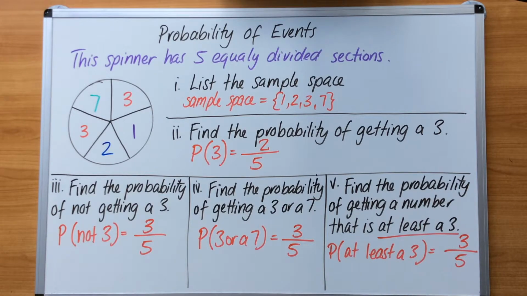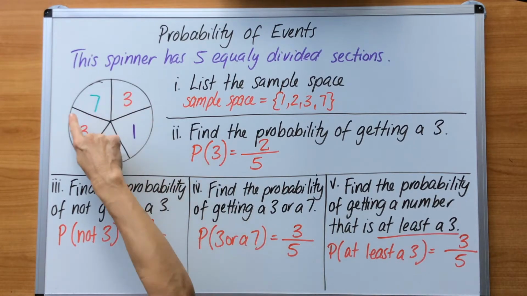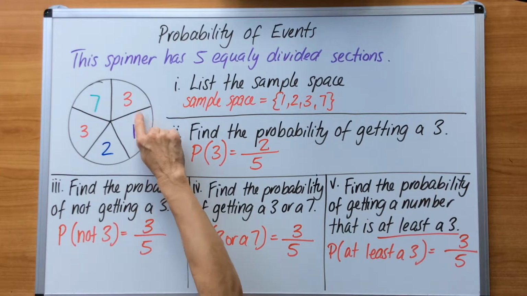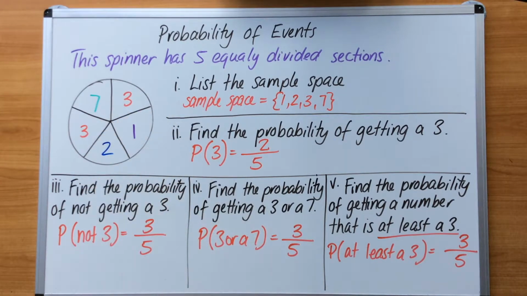So what you need to understand here is that what goes in the bracket is what the question is asking you to find. What goes in the bottom is the total number of outcomes in the experiment, so how many possible answers we can get. And in this case, there's 1, 2, 3, 4, 5. And the number on the top is the answer to this.